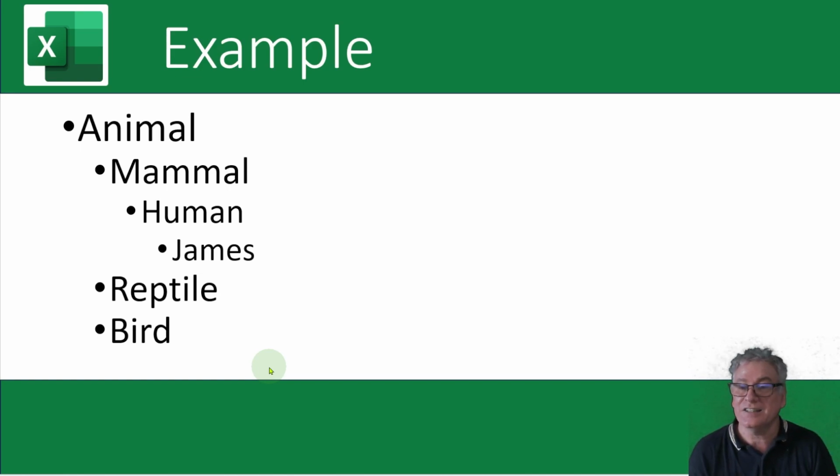So in Excel, you have a workbook, but inside a workbook, you have sheets, right? So they're the sheets of a workbook. But some of those sheets might be worksheets, and some of those sheets might be chart sheets. So that's a little bit like the mammal and the reptile. But then inside worksheets, you can have a whole lot of different sheets.